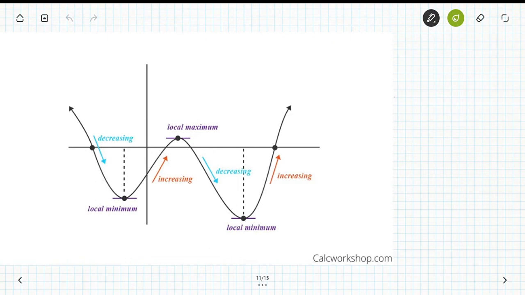So far, we've been looking at functions, right? Imagine this is f of x, and it's graphed on the x and y plane. Based on this graph, we have 1, 2, 3 critical points. We have one local minimum, one local maximum, another local minimum.